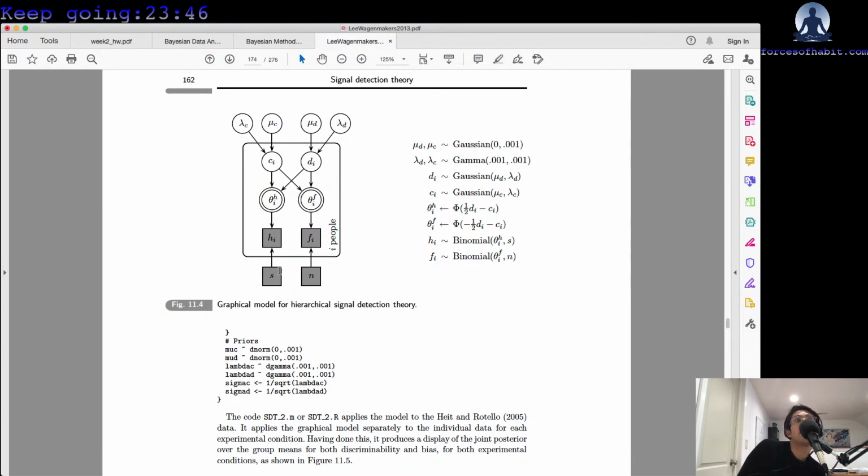Could we predict if you had high or low HIV counts based on the characteristics of your data, right? So these success rates and false alarm rates and discriminability terms, is that sufficient for us to group people into the correct groups? That might be a model we can play around with, actually.